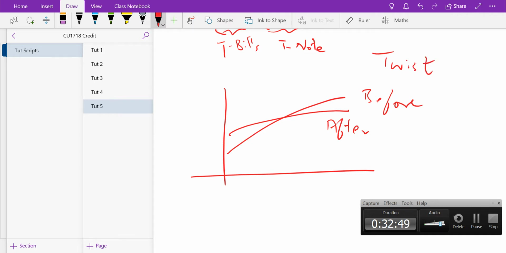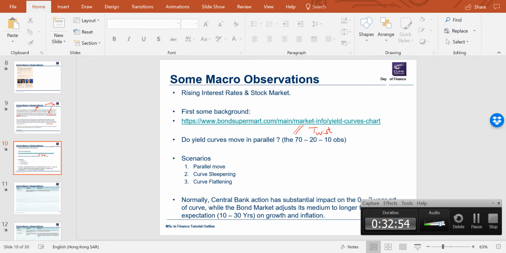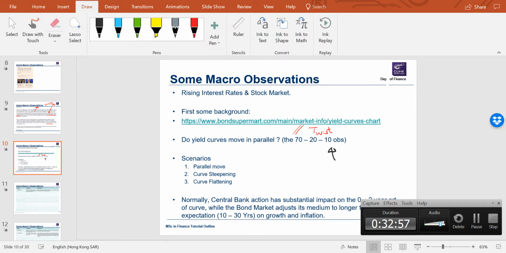The last type, does anyone know what that is? The last 10%? Curvature. Yeah, thank you. Right, thank you for that. It's sometimes called butterfly, I think.